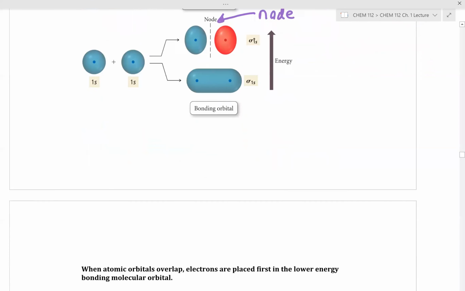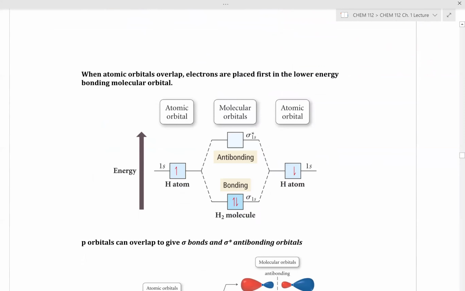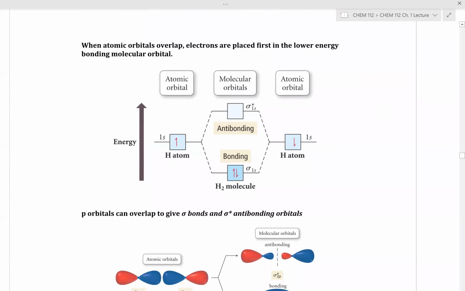Okay, let's now really appreciate the point that when we overlap orbitals to form a bond, we also generate a corresponding anti-bonding orbital. So when we overlap our two orbitals, we get a bonding orbital and an anti-bonding orbital.